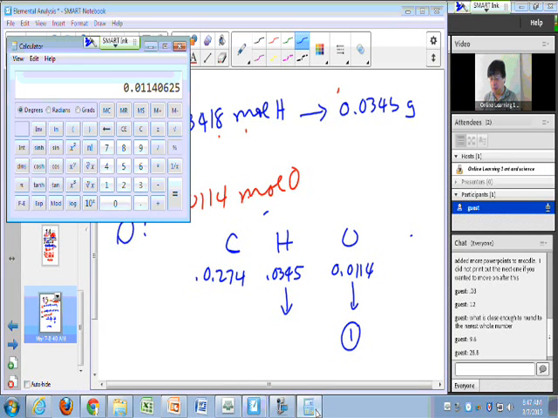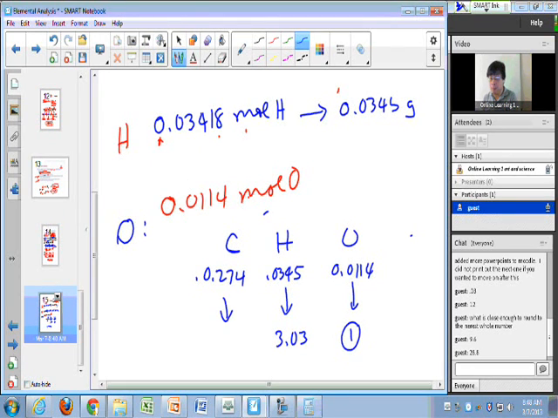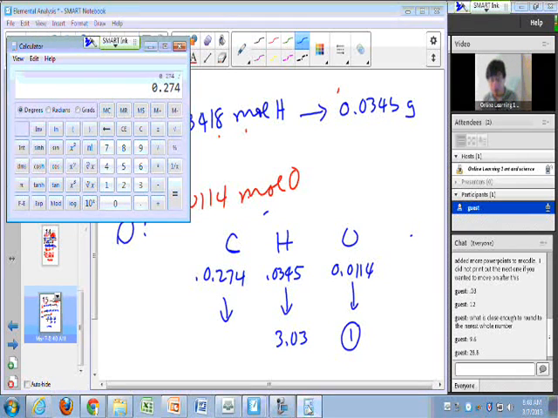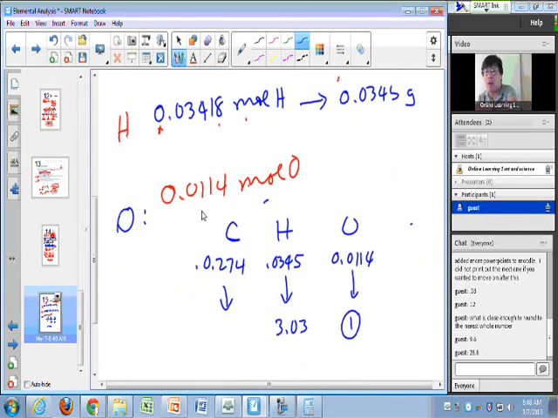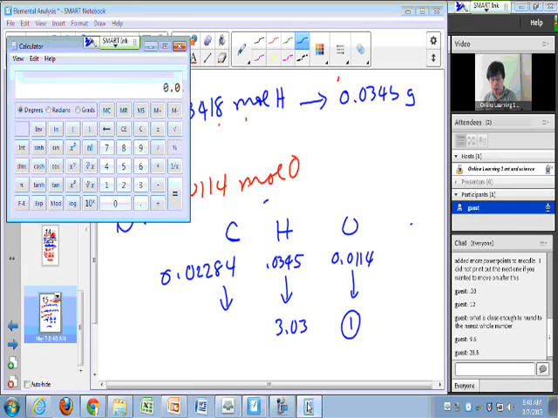Hydrogen: 0.03418 divided by 0.0114, that's 3.00. And carbon: 0.02284 divided by 0.0114, that gives you 2.00.